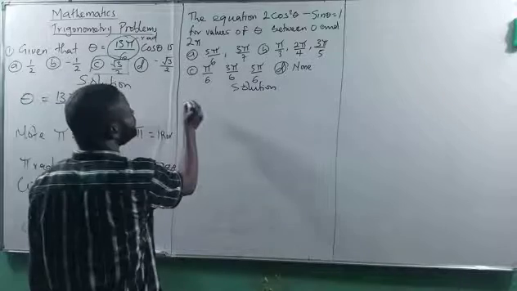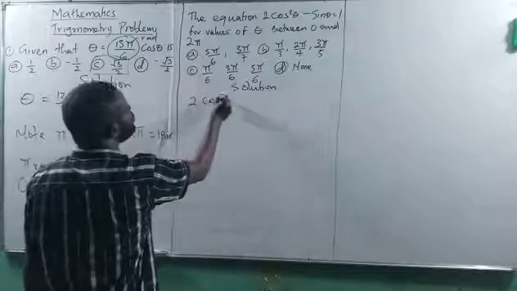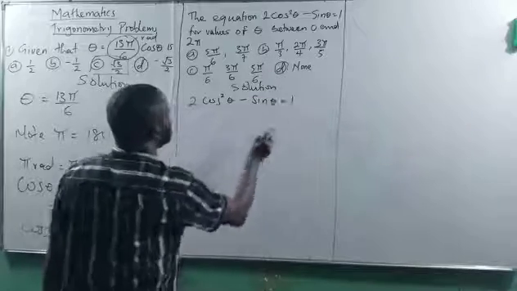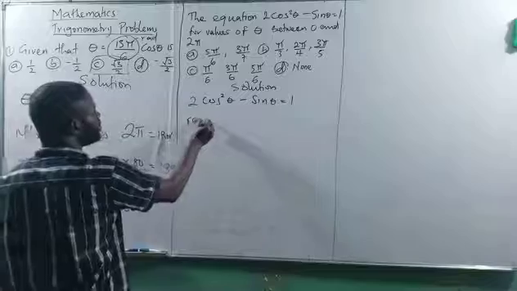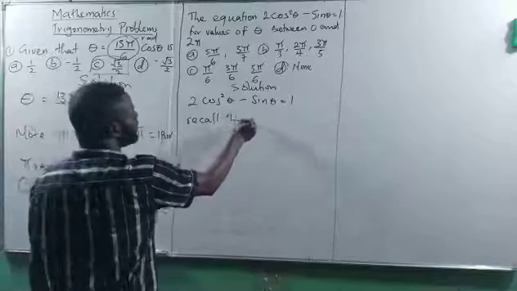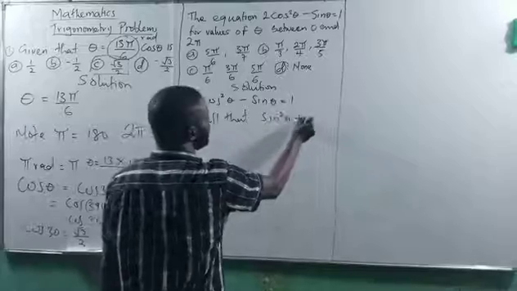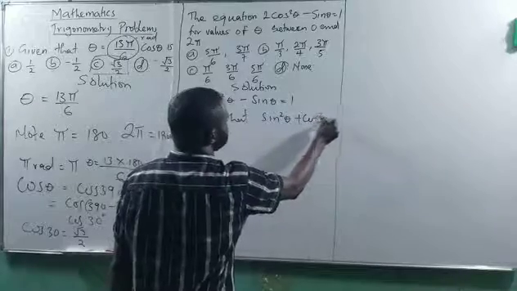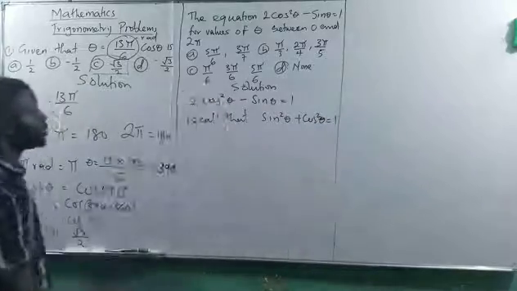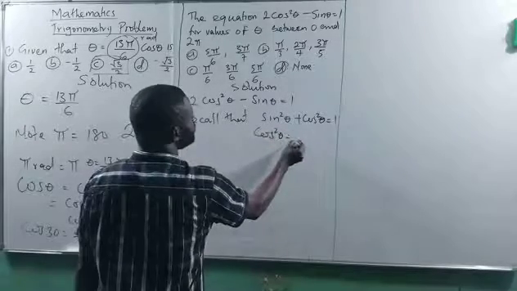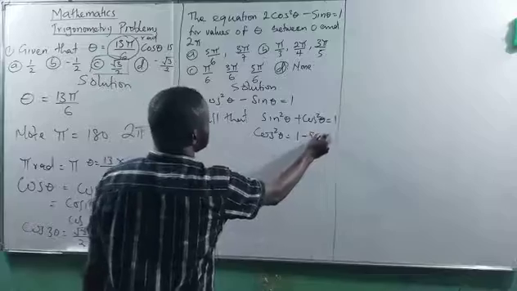Solution: 2 cos squared theta minus sine theta equals 1. Recall from your Pythagorean identity that sine squared theta plus cos squared theta equals 1. So cos squared theta equals 1 minus sine squared theta.